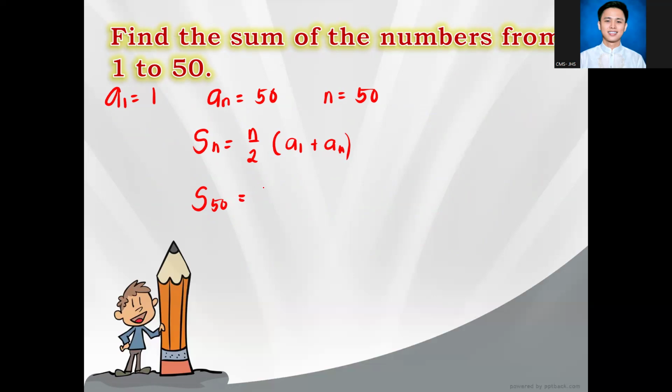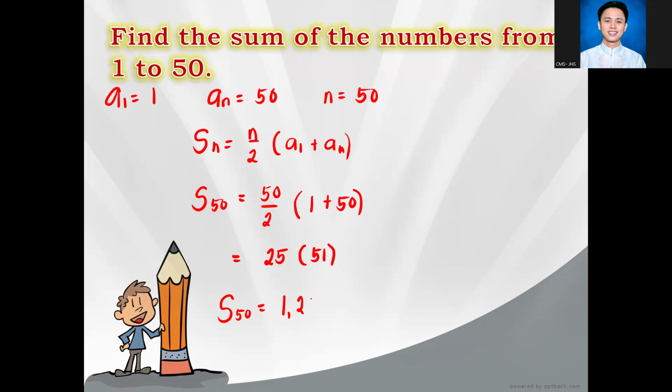So S sub 50 equals n over 2. So 50 over 2 multiplied by the first term is 1 and the last term is 50. Let us simplify. So 50 divided by 2 is 25. And then 1 plus 50 is 51. Last step, we need to multiply them. So 51 times 25 is 1,275.